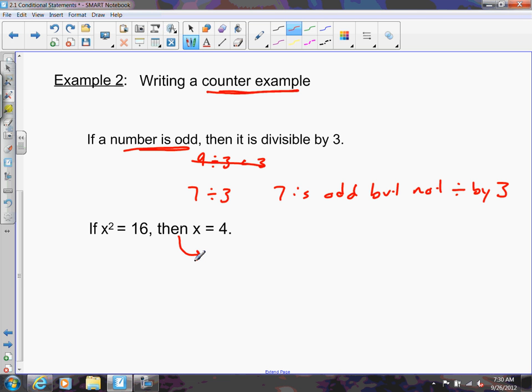If you think about this one, x could also be negative 4. So a counterexample would be: if x squared equals 16, then x could equal negative 4.